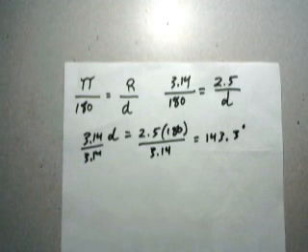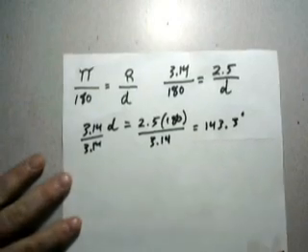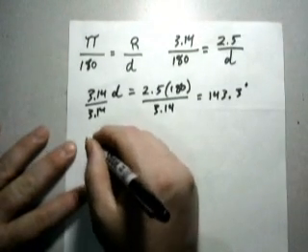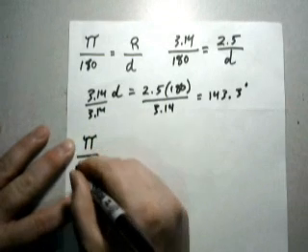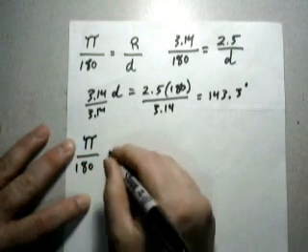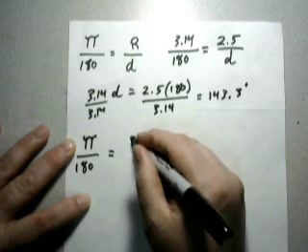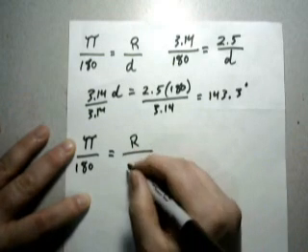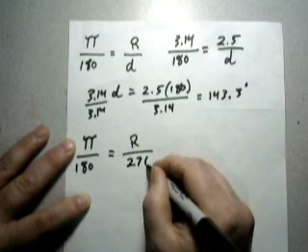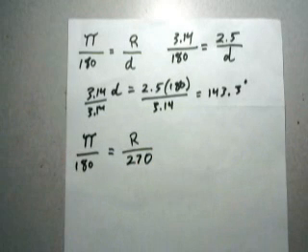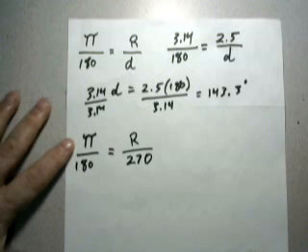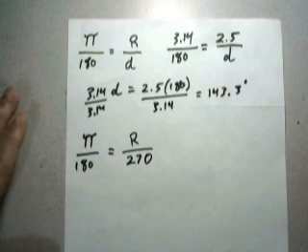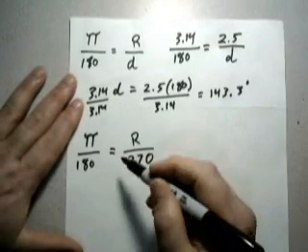Okay, now for the next one, we've got pi over 180 is equal to, and we're looking for the radians when given 270. Now in this case, I'm going to leave the pi in as pi, and I'm just going to leave it there in the final answer as well.